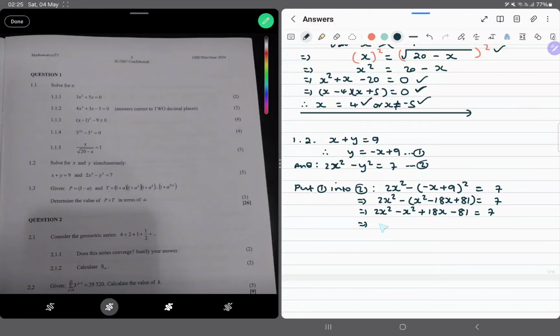Then we sort this out, we get x squared plus 18x, so minus 81 minus 7 is going to be minus 88, equal to 0. Let's see if we can factorize this thing. Now we focus on this 88.